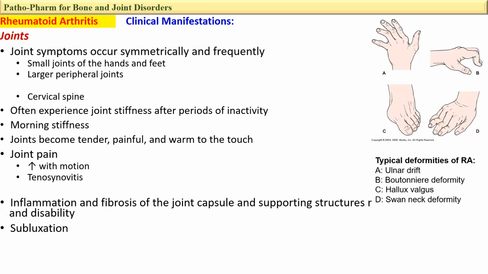The joint symptoms occur symmetrically and frequently in the large peripheral joints like wrist, elbow, shoulder, knee, hip, ankle, jaw, as well as the cervical spine.